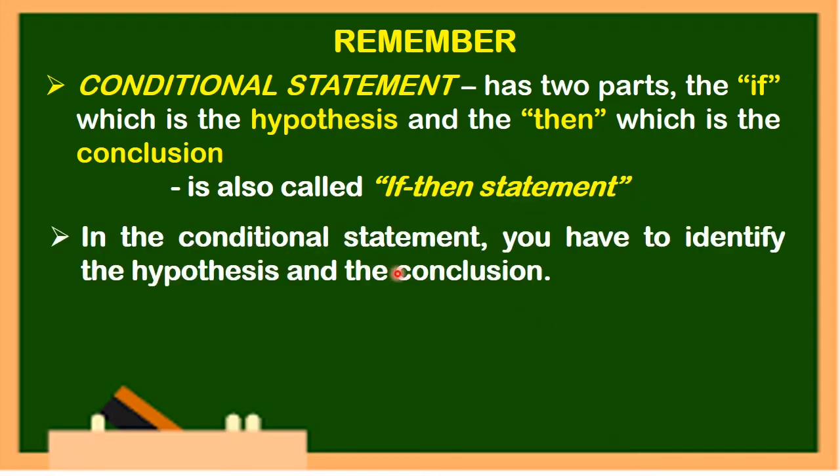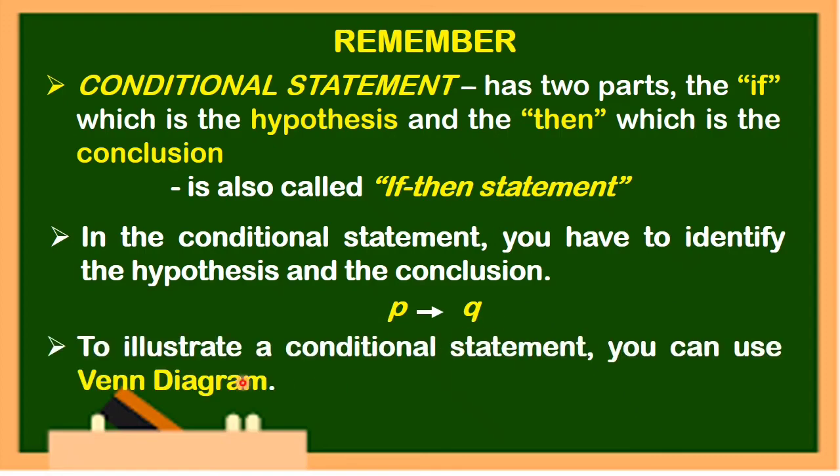In the conditional statement, you have to identify the hypothesis and the conclusion, where P implies Q, which means that if P, then Q. Lastly, to illustrate the conditional statement, you can use a Venn diagram. So, don't forget that the hypothesis must be inside the conclusion, or the hypothesis is the smaller circle which is inside the bigger circle, which is the conclusion.